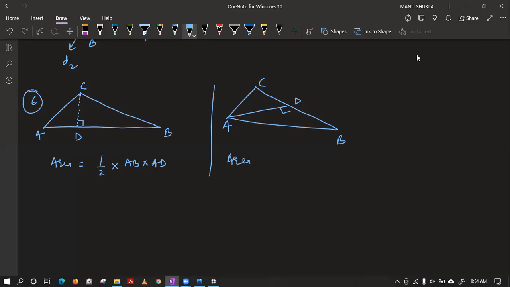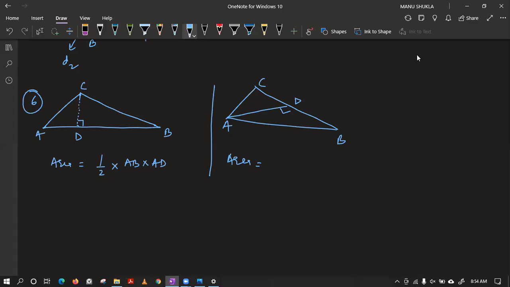Please tell. If AD is the perpendicular in this case, what will be the area? Now what will be the area? If AD is the perpendicular, which side will you take as base? Half AD into BD? No.